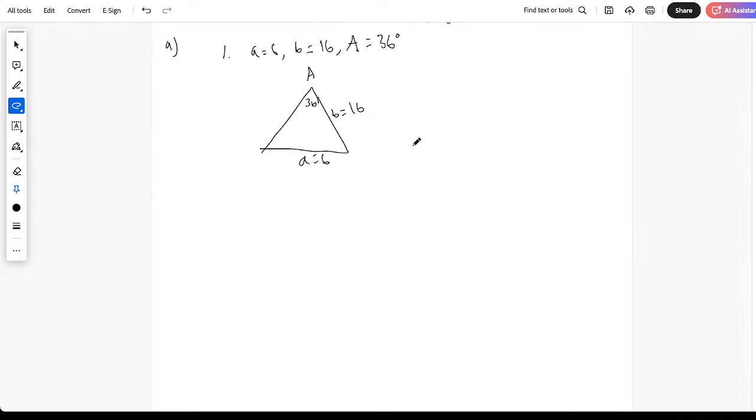So technically, the drawing is like this, because you have 6, 16, 36, and then this side is unknown because this angle could make the triangle look like that, you know, and still have this be 36 degrees. But what if this is like 90 and this is something else? So that's why it's an ambiguous case, or whatever you want to call it.